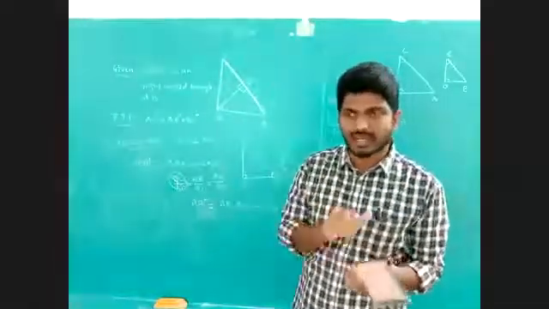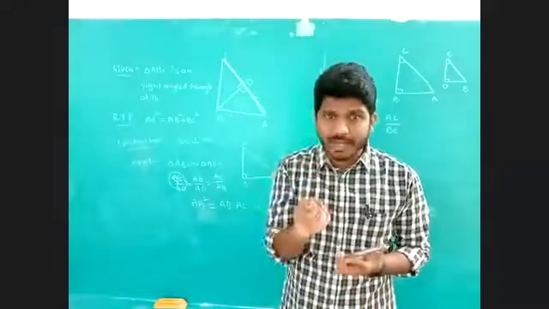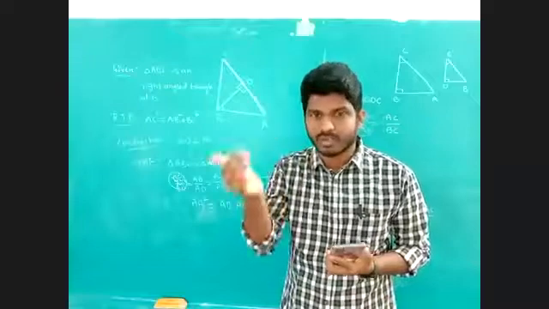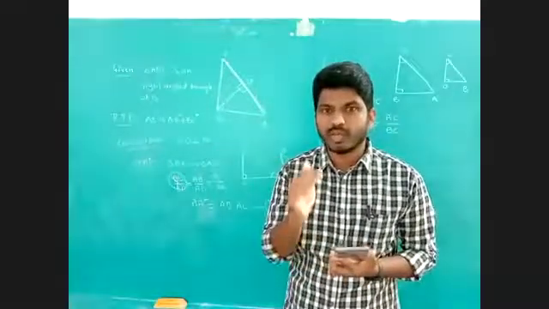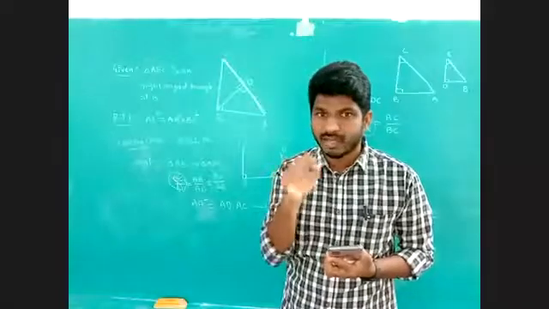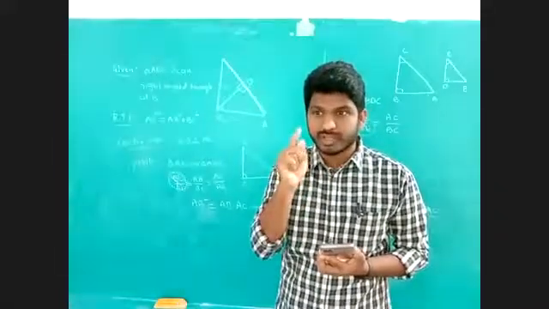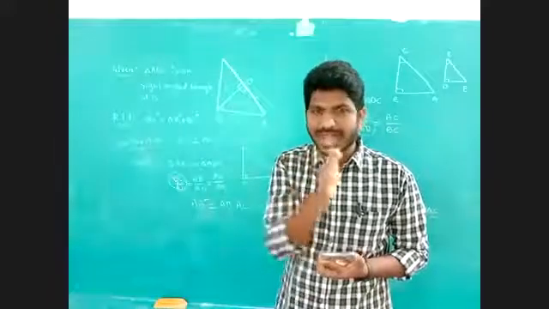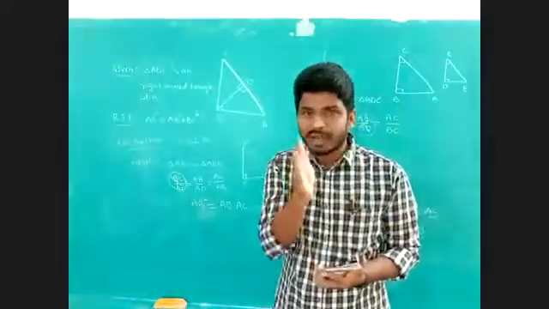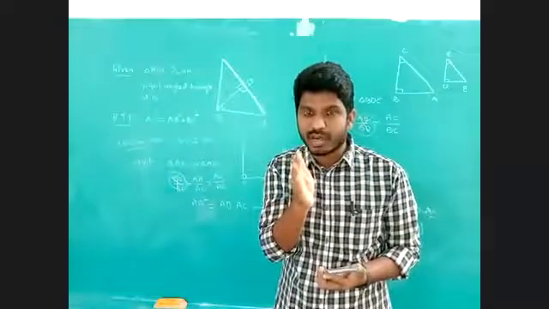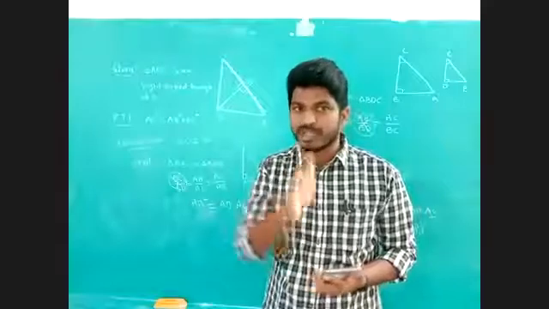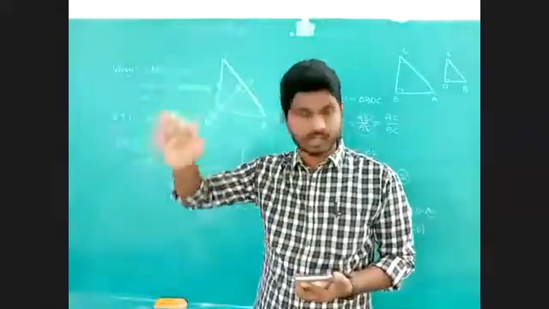If it is not a right angle triangle, in a triangle, the square of any one side of a triangle, here hypotenuse is not given. If they give hypotenuse, the triangle becomes a right angle triangle, right? That's why it is not given. The square of any one side of a triangle is equal to the sum of the squares of the other two sides.